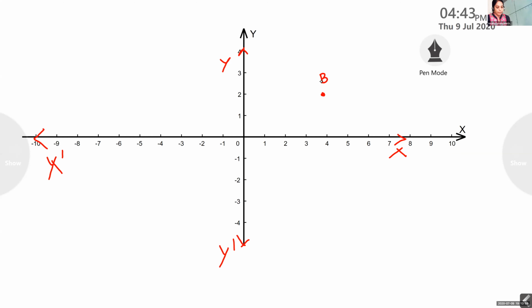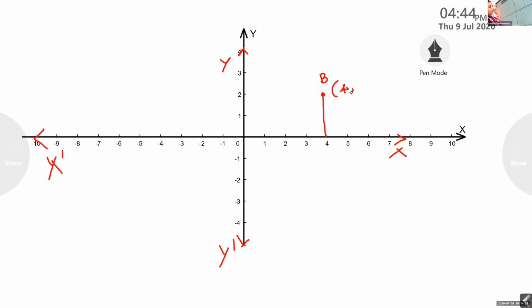Draw downwards to reach the x-axis. Where did we reach? 4. So you put a bracket and write 4.